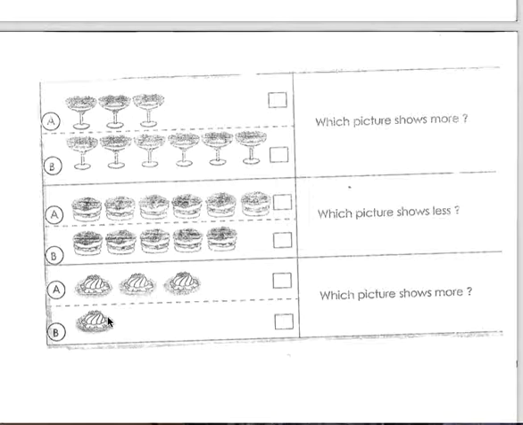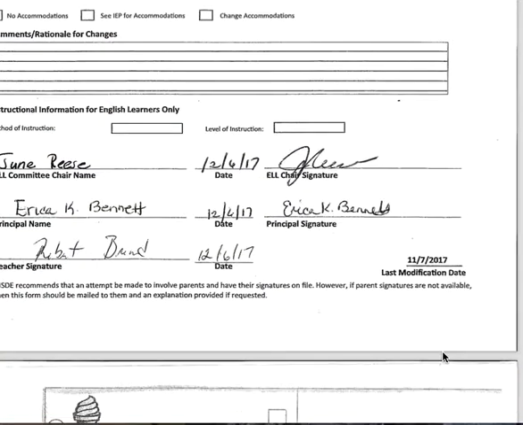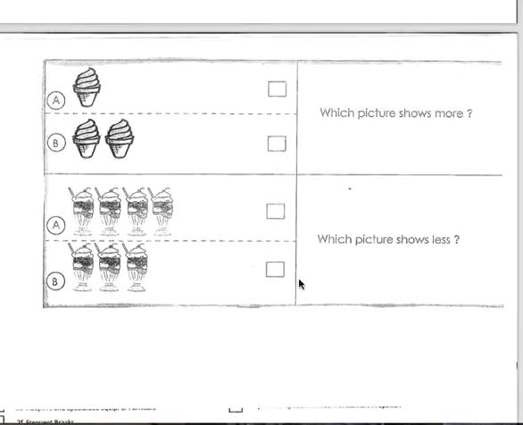Which picture shows more? This group or this group? Again, you want to circle or you want to check off. It doesn't matter to Miss Jones. Let's see if you have any more. Okay, same kind of questions.